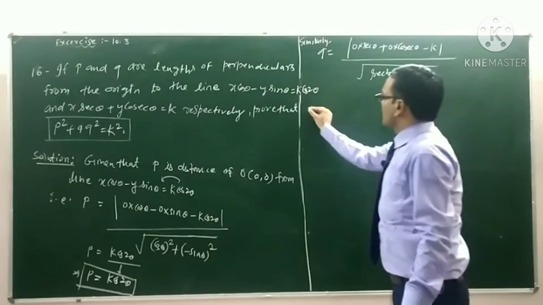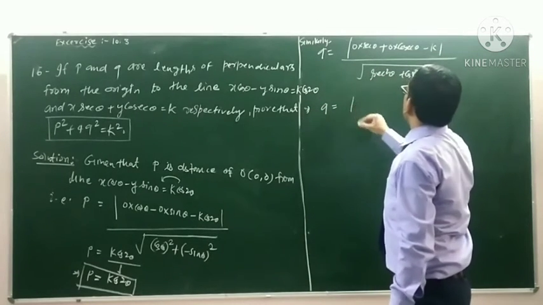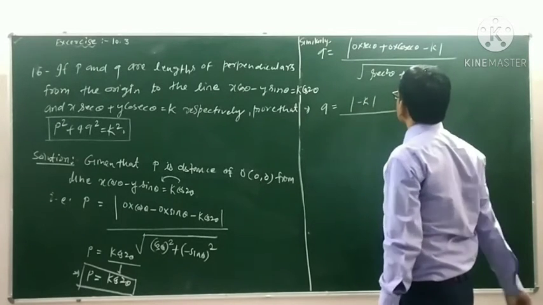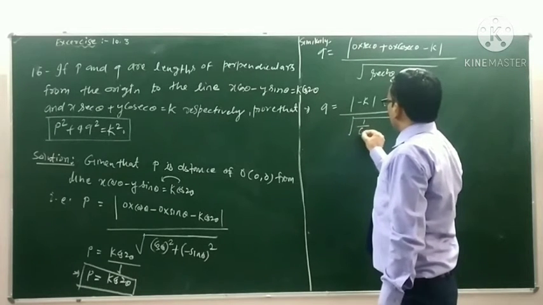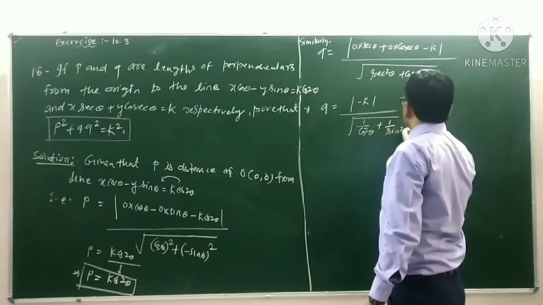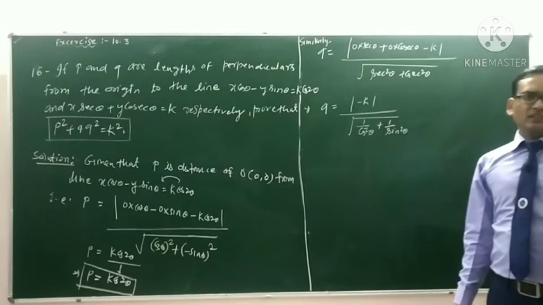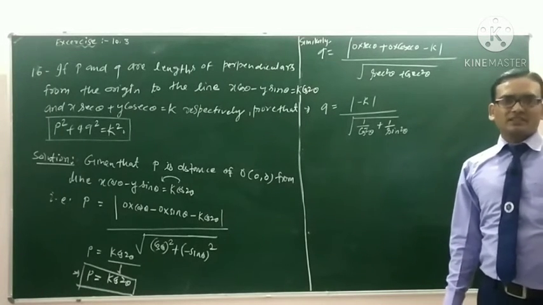Okay students, this implies that q equal to mod of minus k upon square root 1 upon cos square theta plus 1 upon sin square theta. We change sec theta to 1 upon cos theta and cosec theta to 1 upon sin theta.